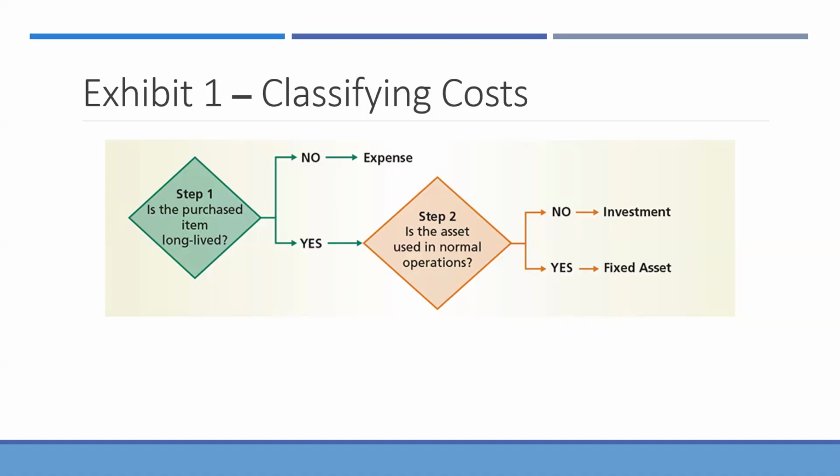And even under the no category of expenses, that would include inventory, that would include prepaid expenses. Those do get capitalized as inventory, as prepaid insurance, as prepaid rent, but they're all used up. Mostly they're current assets, right? So they get used up within the current year, and that's why we're just kind of lumping them in as an expense. But fixed assets and investments are more the long-term assets of the business.